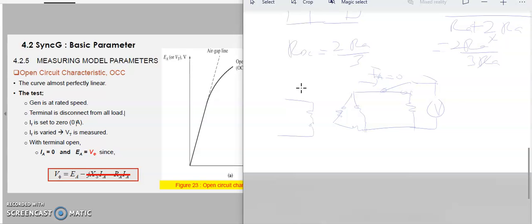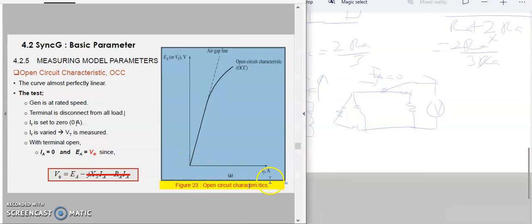This is your field, and we increase IF gradually, set to 0, then increase, set to 0, then increase. So we measure the voltage. Usually the open circuit characteristic will be like this. Instead of being linear, after a certain limit it tends to curve.